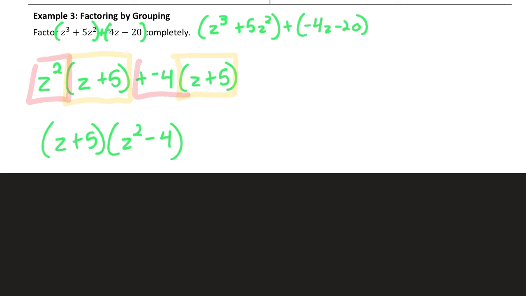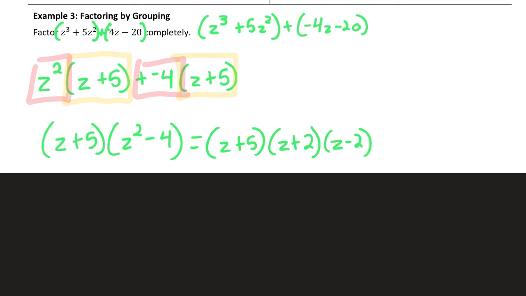Z squared minus 4. That's the tough jump we've got to make. And then when you think about it, we can actually factor this even more, because z squared minus 4 can be factored. I have z plus 4, or sorry, z plus 2, my bad. Z minus 2 to factor that completely.